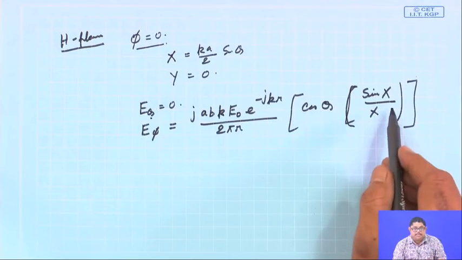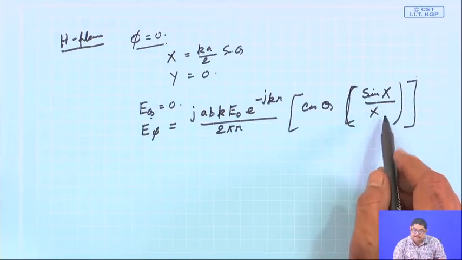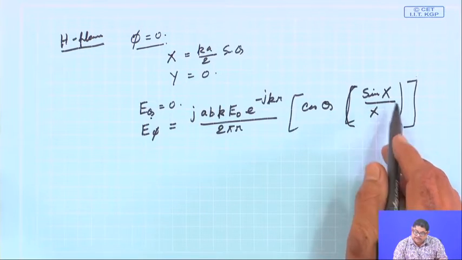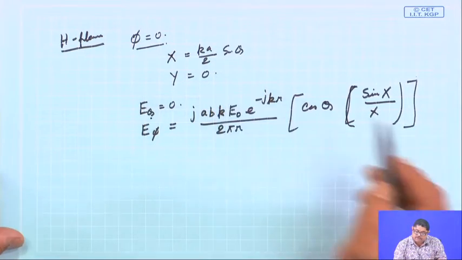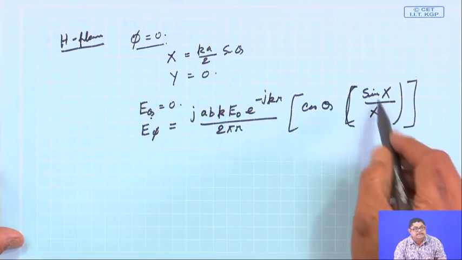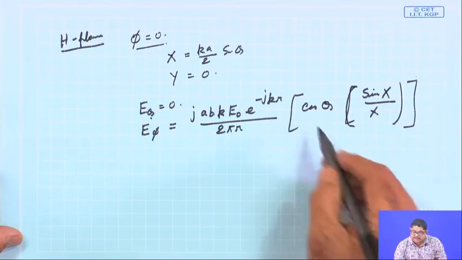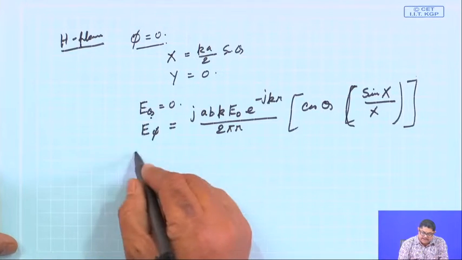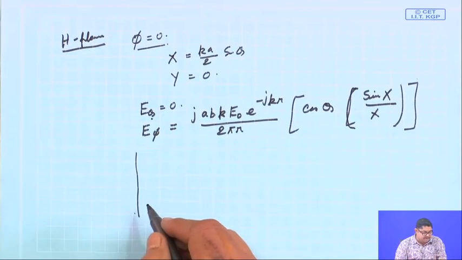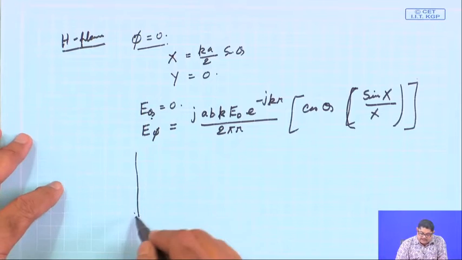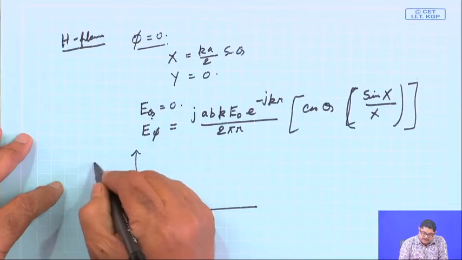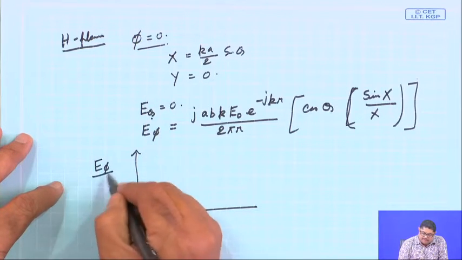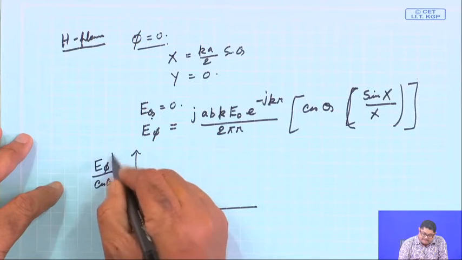Obviously, for this sinc function, X is given by k a by 2 sin theta, so the sinc's variation is much faster than the cos theta variation. That is why people generally plot E phi by cos theta.